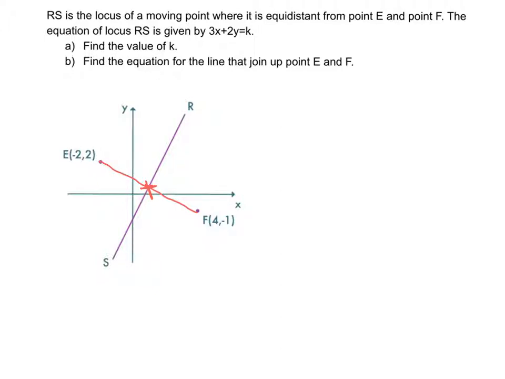Now how do we find the midpoint? If you remember from an earlier chapter, to find the midpoint, we add up the coordinates and divide them by 2.